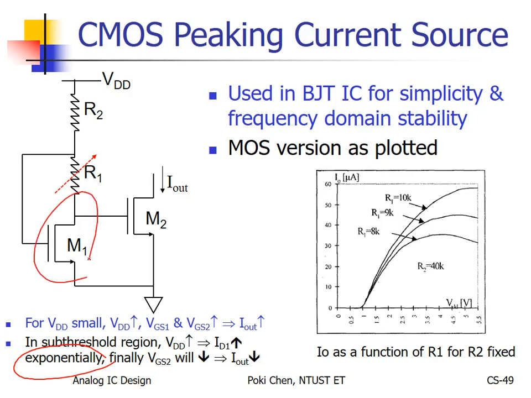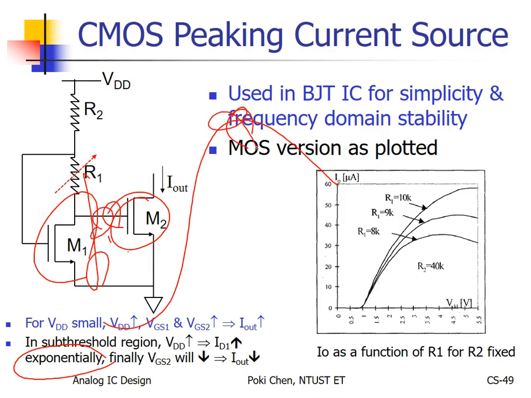Okay, you need to design M1 to operate in weak inversion. And the exponential increase for the current will stabilize. Yeah, we'll let the gate voltage on M2 have some kind of peaking, then go down, right? So the output current will look like this.